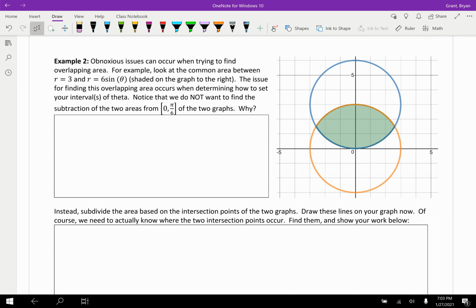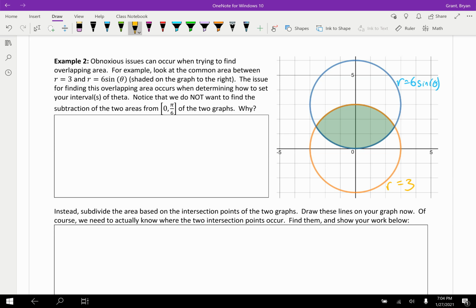So we're going to look at the common area between r equals 3, and hopefully you can see that's a circle centered at 0, and r equals 6 sine of theta. This should be r equals 3, not r sub 3. There we go. And we're going to try to find the common area here.